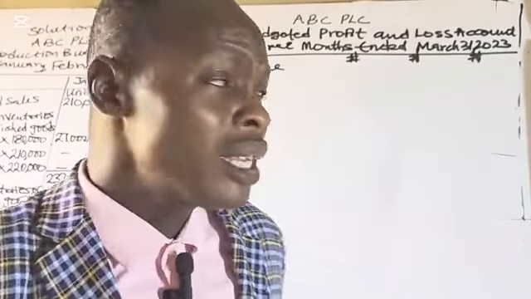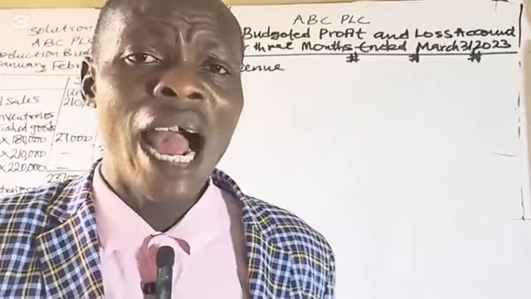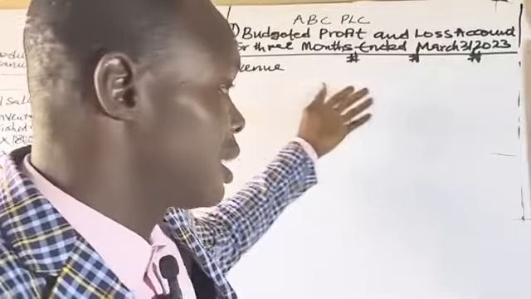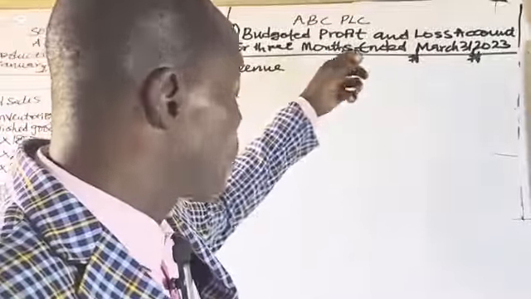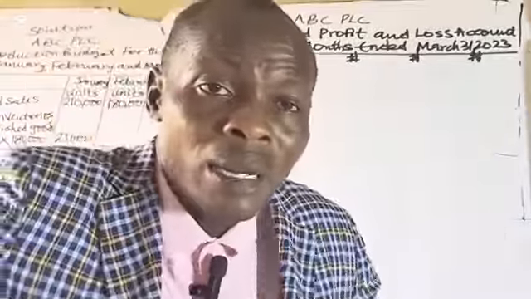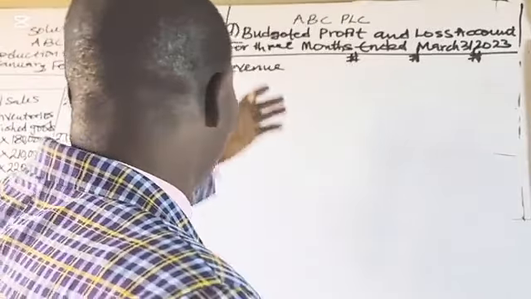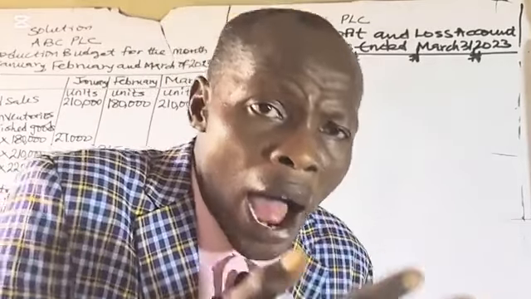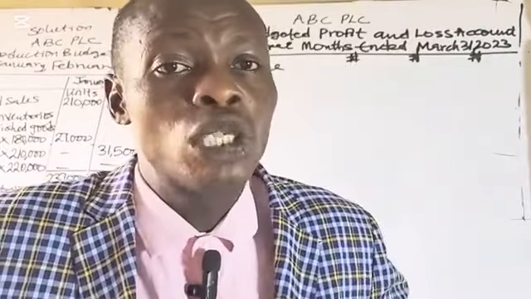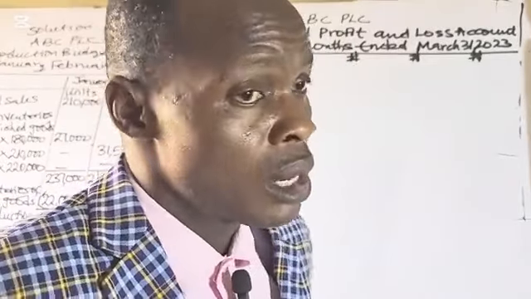It means you are not going to include the items of receipts or payments in the cash in the budgeted profit or loss. You include items into the budgeted profit or loss when the revenue is earned or when expenditure is incurred.